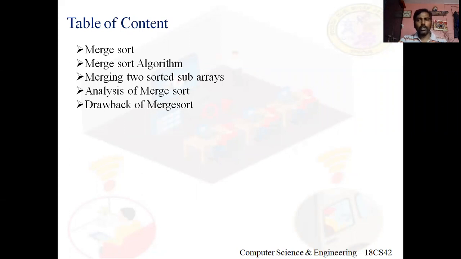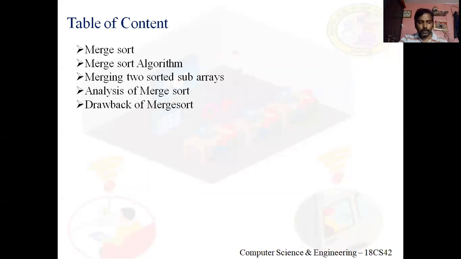I repeat, in the sorting problem, an array is said to be a smaller instance if that array contains only one element. Listen carefully. We call an array to be sorted a smaller instance if it is having only one element.